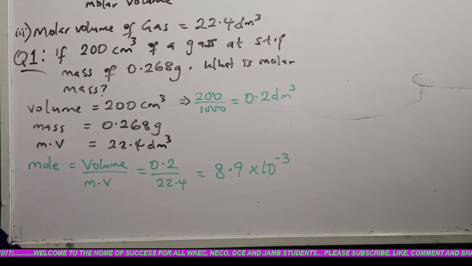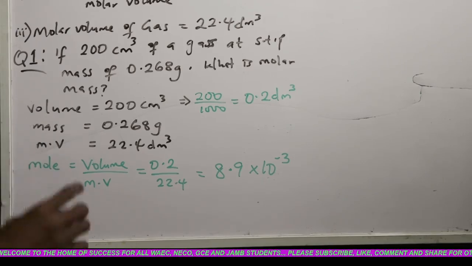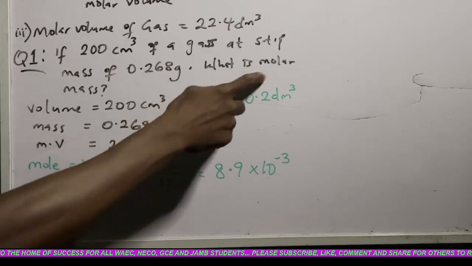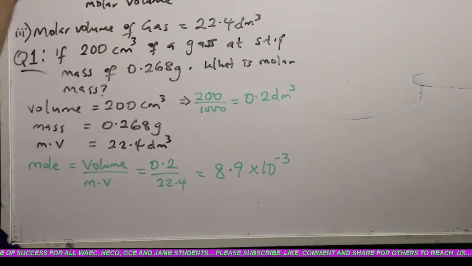Going on further, since I've gotten the mole, now I'm going to solve for my molar mass. We're going to use the first formula. What is my formula for mole there? Mole is mass over molar mass.